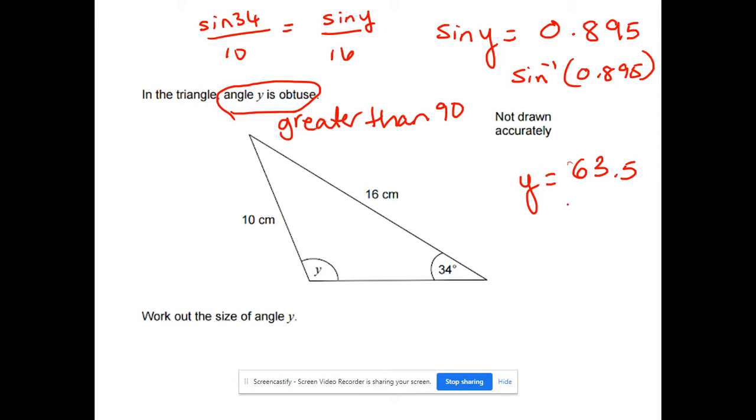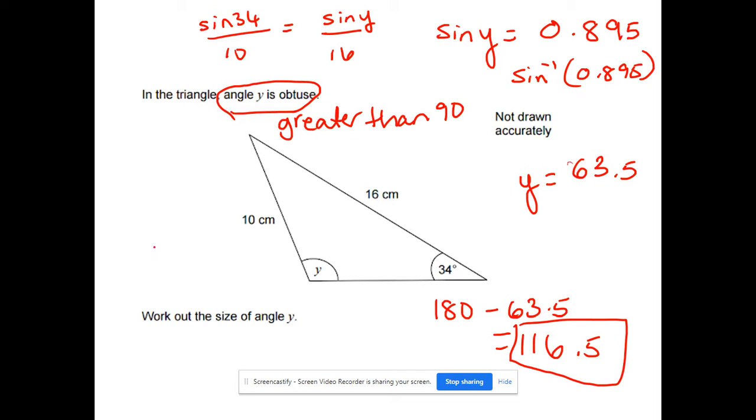But that's acute. We want to find the obtuse one. So then I'm going to have to do 180, take away 63.5, which will give us 116.5, and that's our obtuse answer.